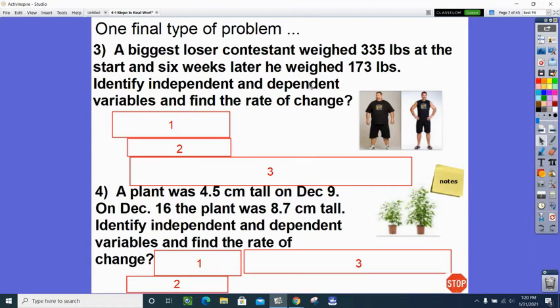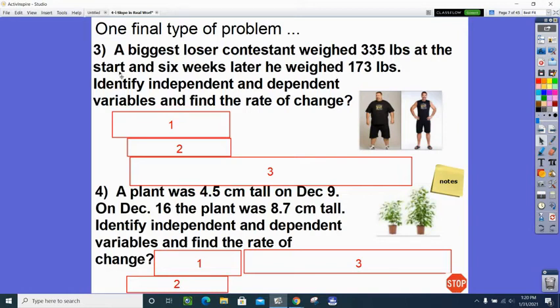Think about that. So in this particular case, again, weeks, time, it's usually X, okay? Our pounds are going to be our dependent variable, which is our Y. And our weeks is going to be our independent variable, which is our X. So I can see a point very easily here. Do you see it? 6, 173. But what X goes with the 335 pounds?